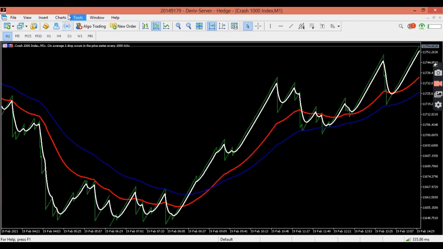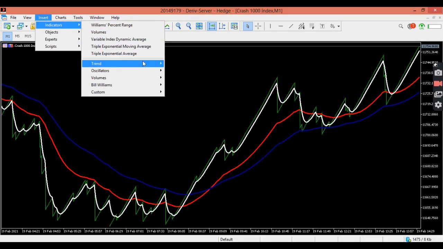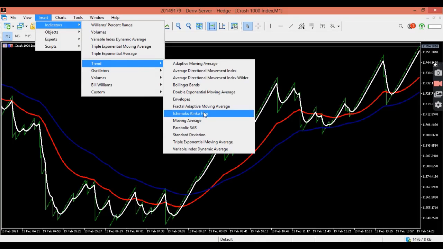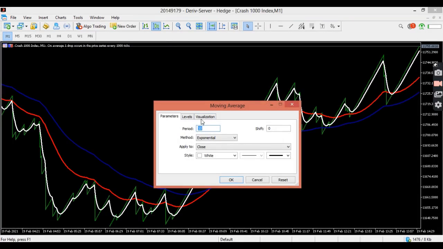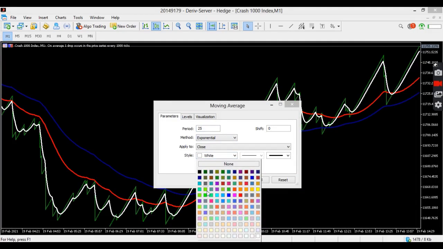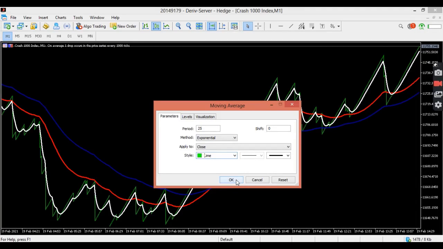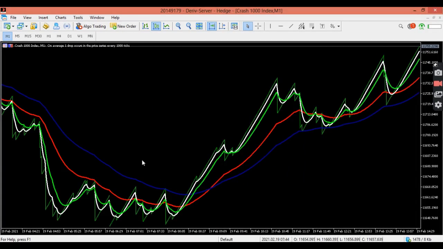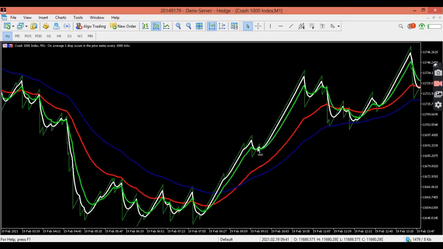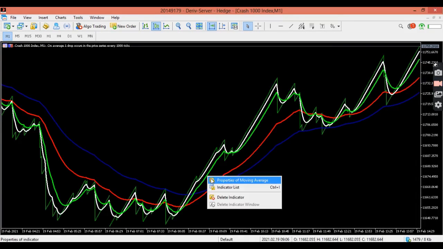Then the last moving average on the main chart is the green moving average, which has a setting of 25 period, shift 0, method exponential, apply to close, color green, pixel 2. Click OK. Let me change the color.